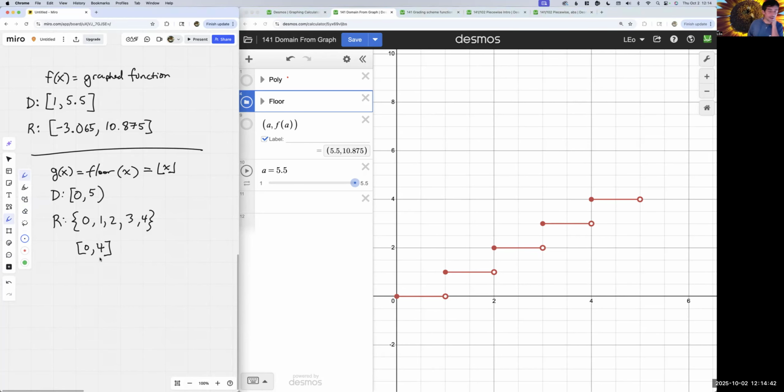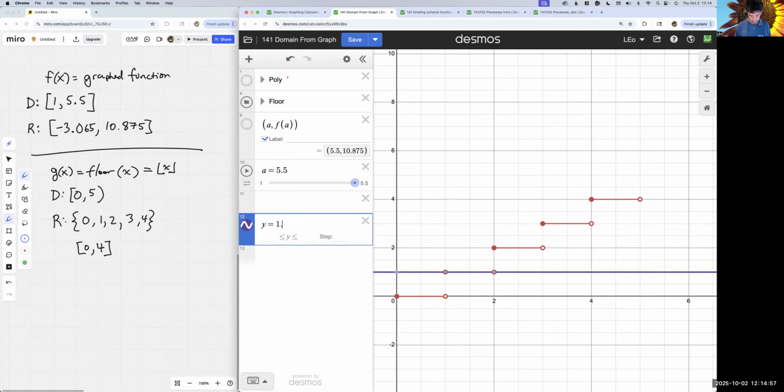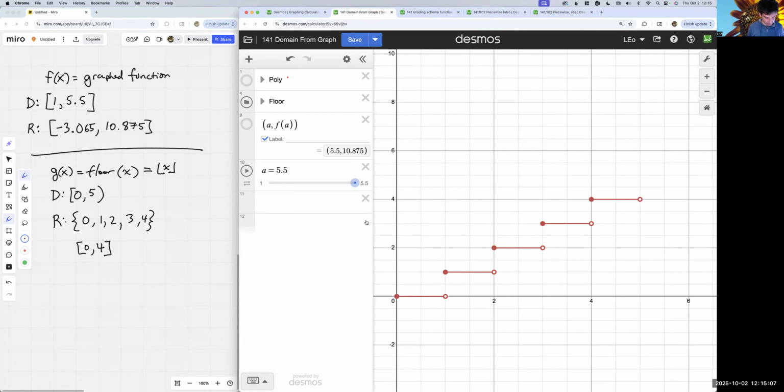But it also means our range would include something like 1.5. But if you look, there's no point on this graph with an output of 1.5. If I put in y equals 1.5, it would have to have a point somewhere on that purple line as part of its graph, and it doesn't. And so that can't be part of the range. All right. So this is wrong.